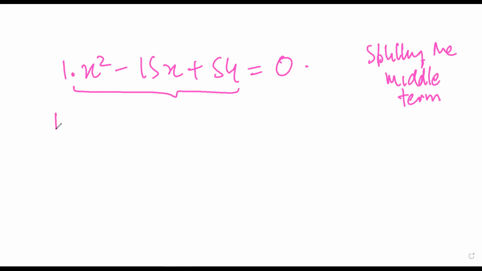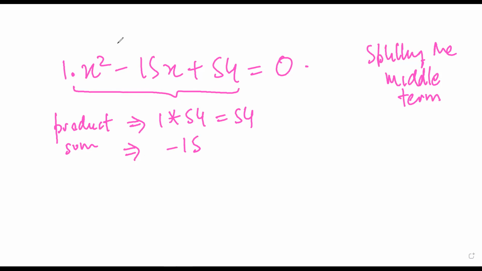So, what would be the product, Mr. Sarthak? The product will be 54. And the sum would be minus 15.